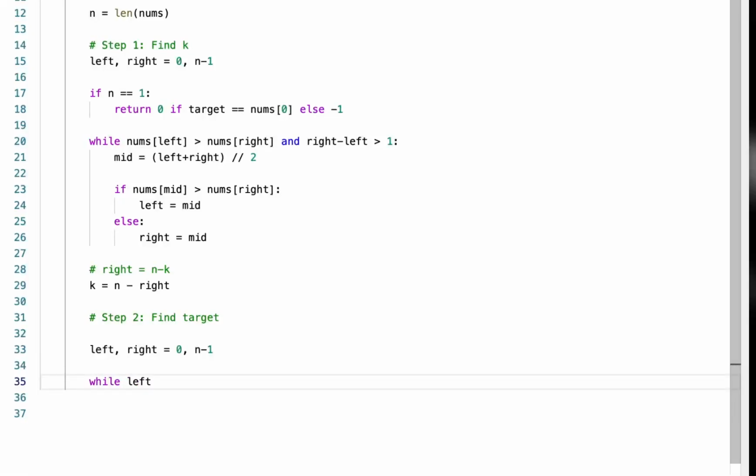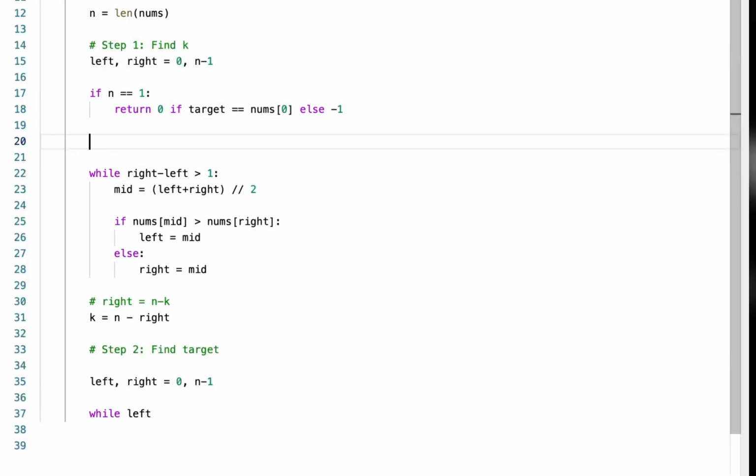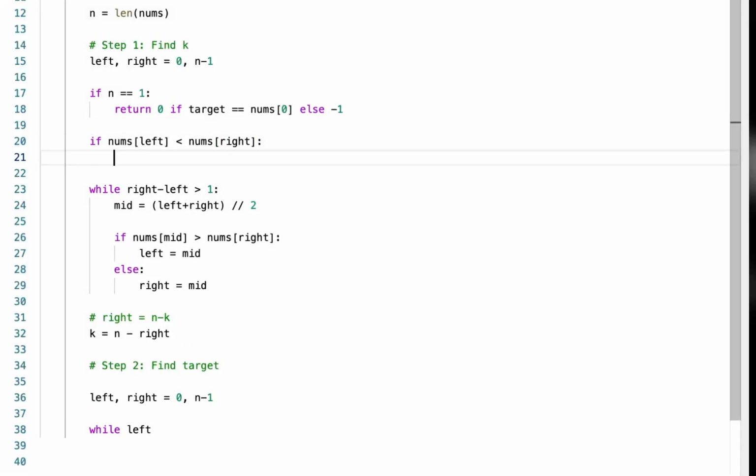While left, actually I do not need this. I can have this way, and if nums left is strictly, we know that k is equal to 0.